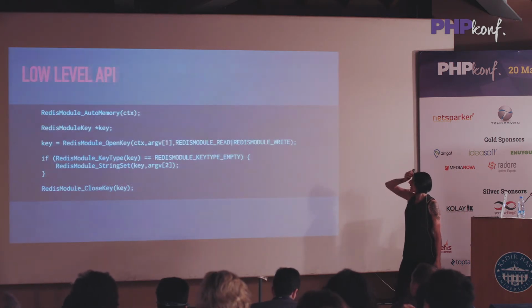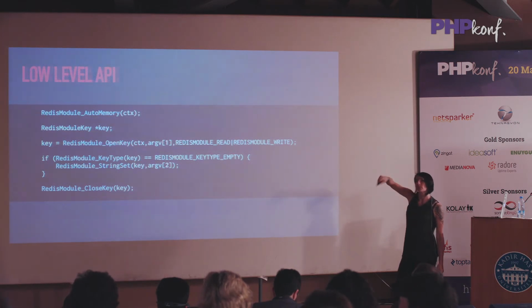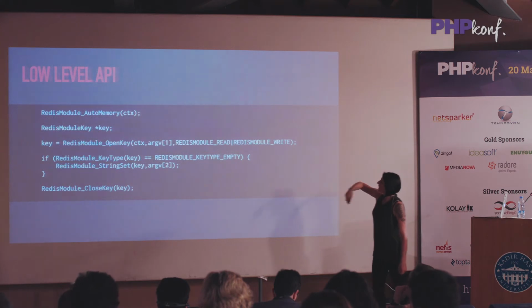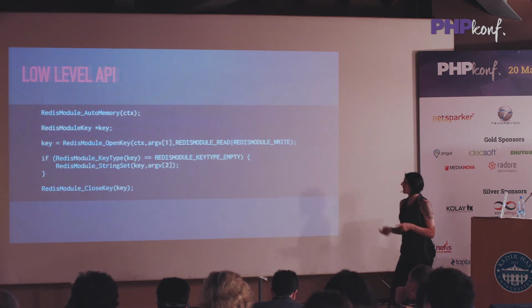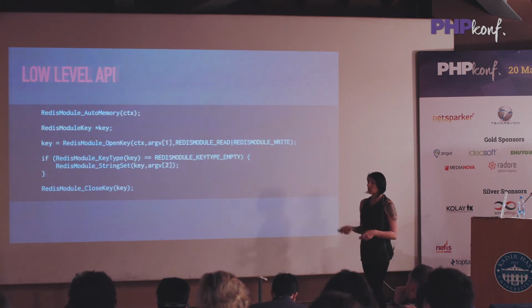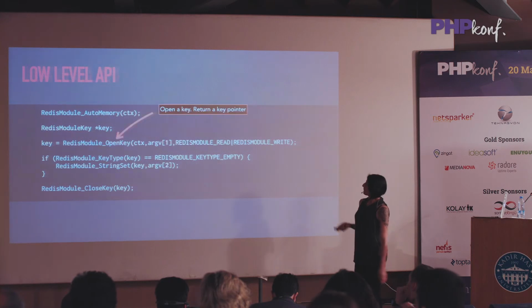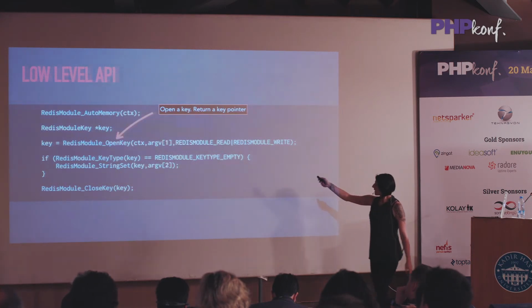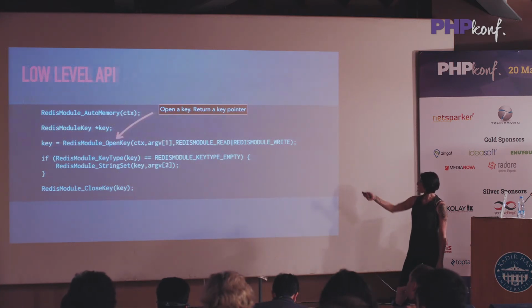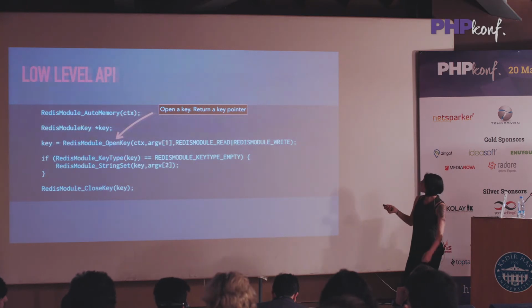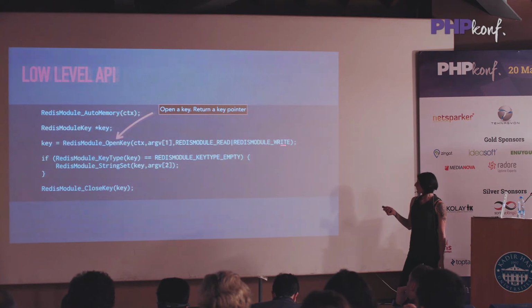Now, the low-level API. In that same method that I just explained, instead of using that call command, we can go ahead and use the functions for directly accessing the data in Redis. Open key, and we specify that we just want to open it for reading or for writing.